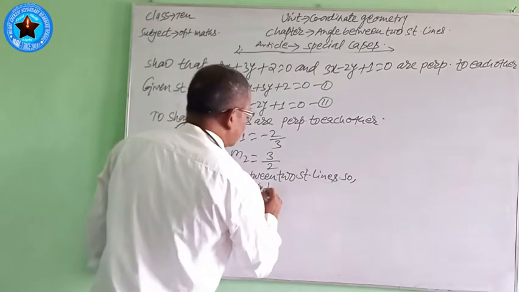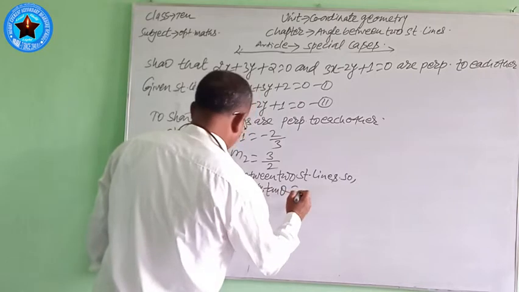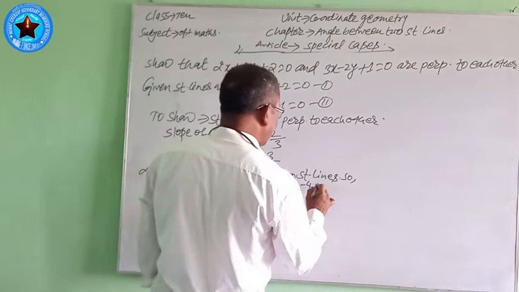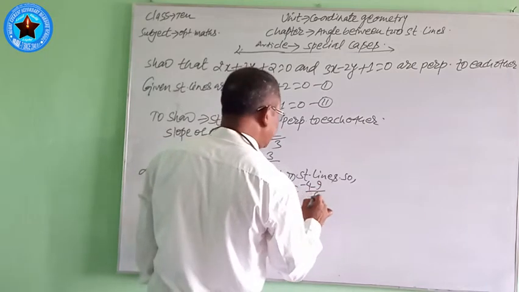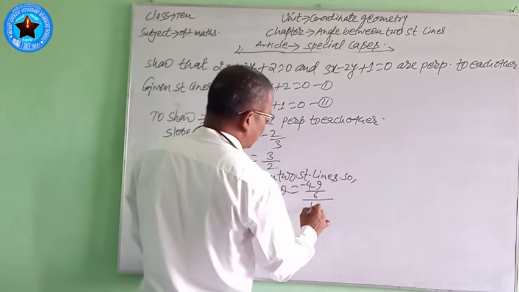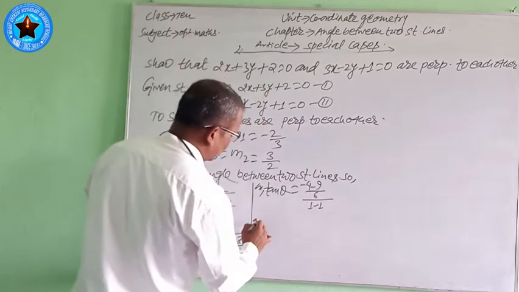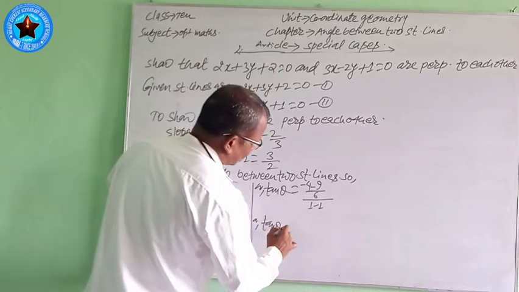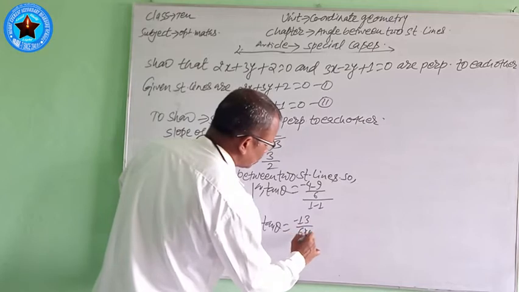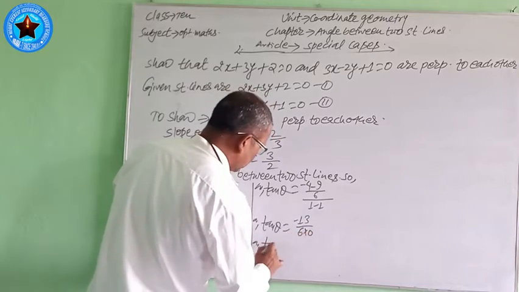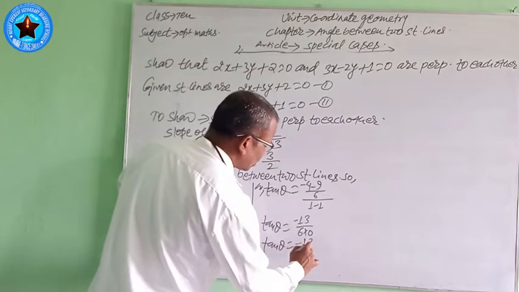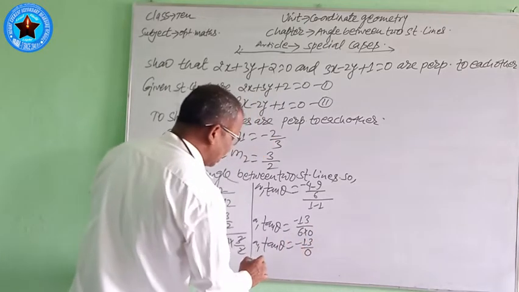Tan theta equals minus 4 minus 9 by 6, by 1 minus 1, or tan theta equals minus 13 by 6 into 0, or tan theta equals minus 13 by 0, which is undefined.